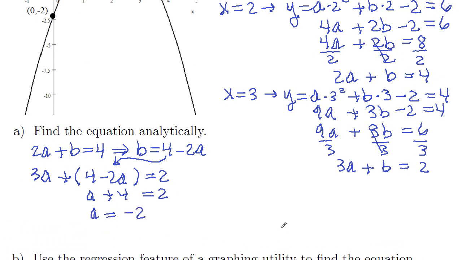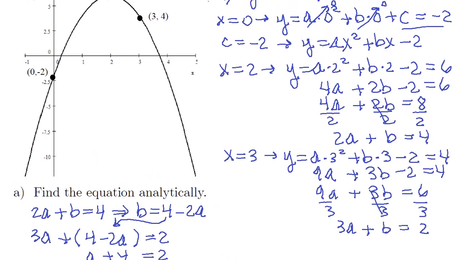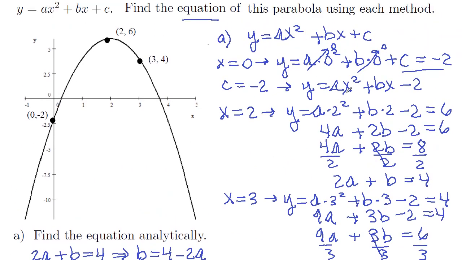And then for b, plug our negative 2 in here. So b will equal 4 minus 2 times negative 2. The double negative will make a positive, 4 plus 4, 8. So then our equation is y equals ax squared plus bx minus 2.